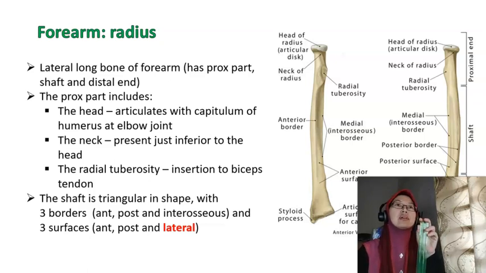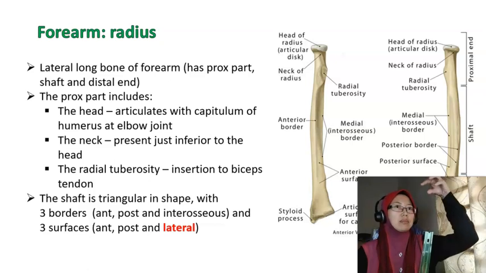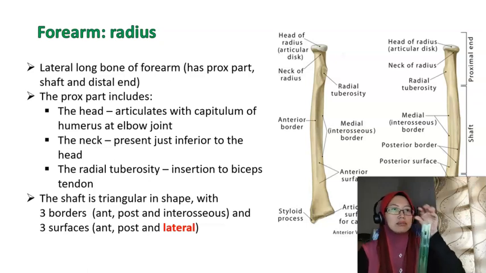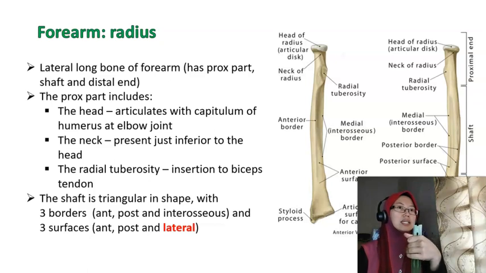This head articulates with the capitulum of the humerus, forming the elbow joint. Distal to the head is the neck.